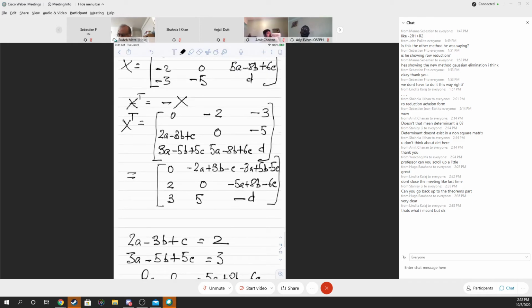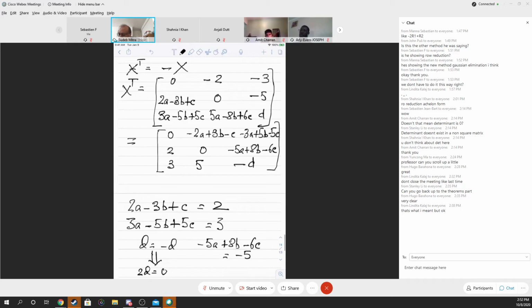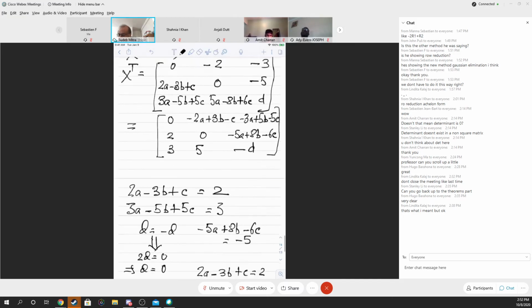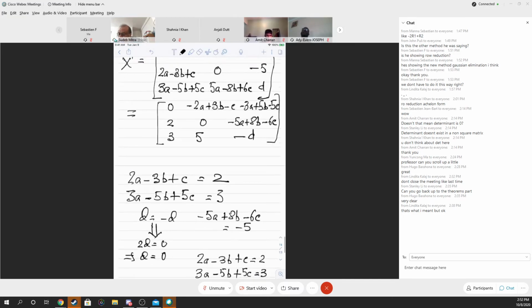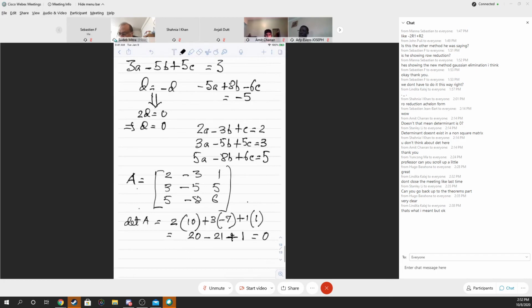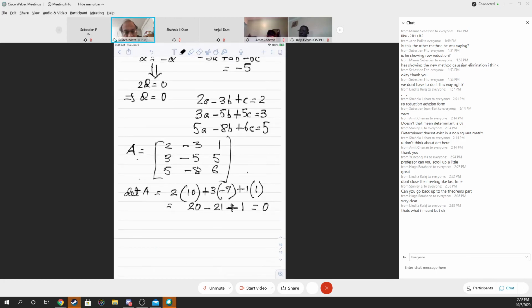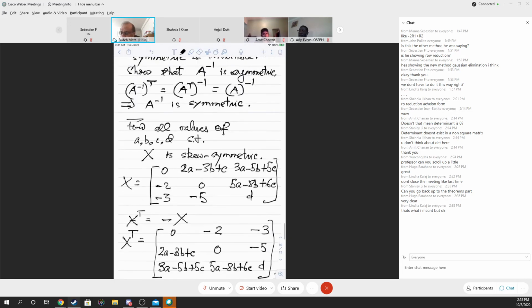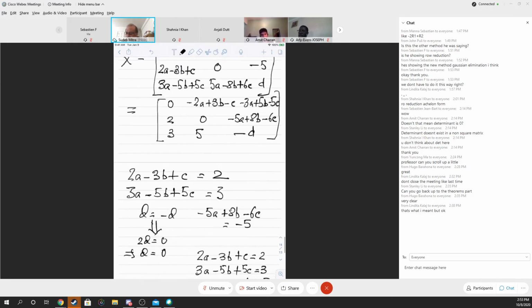So 2a minus 3b plus c is 2. 3a minus 5b plus 5c is 3. So that means you cannot solve. The values ABC don't exist. So I think it should be symmetric. If you can, okay, why don't we do this? Find all values of... no. Then D will be indeterminate. So you cannot get the answer.